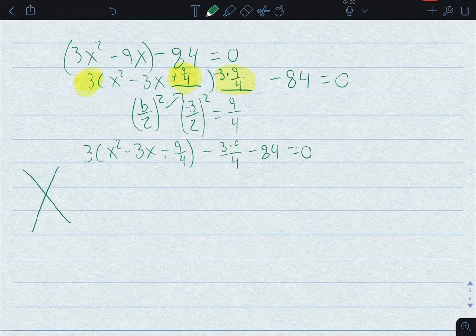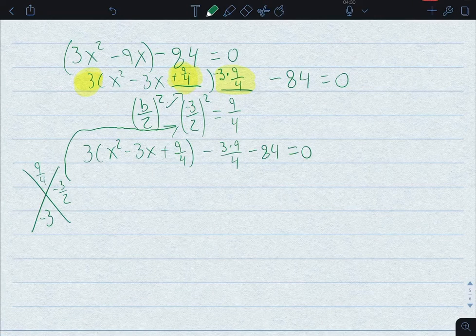We're going to factor what's in the parentheses. Whatever b over 2 was, that's going to be our factors. So b over 2 is negative 3 over 2.